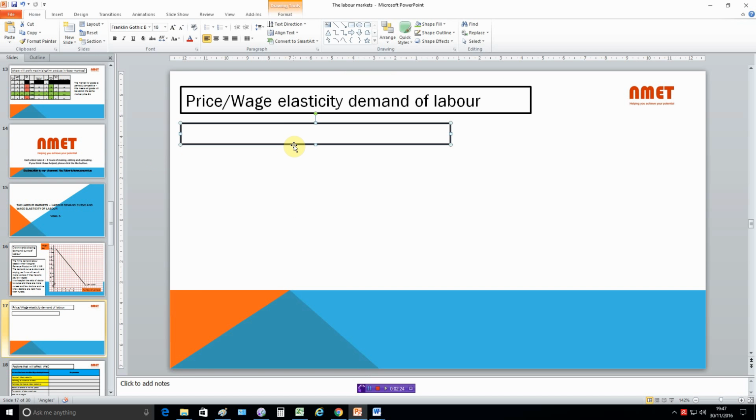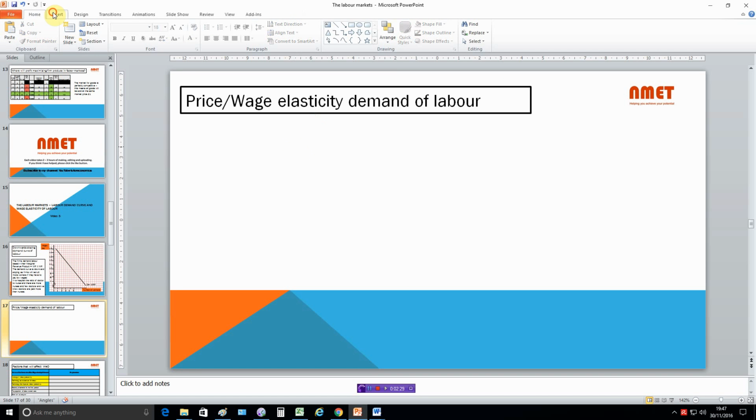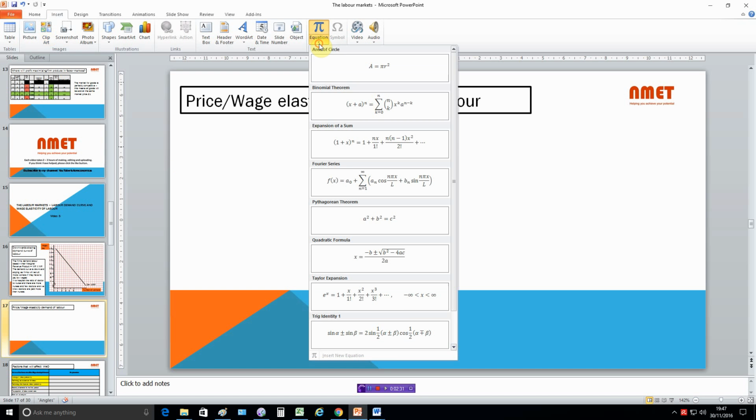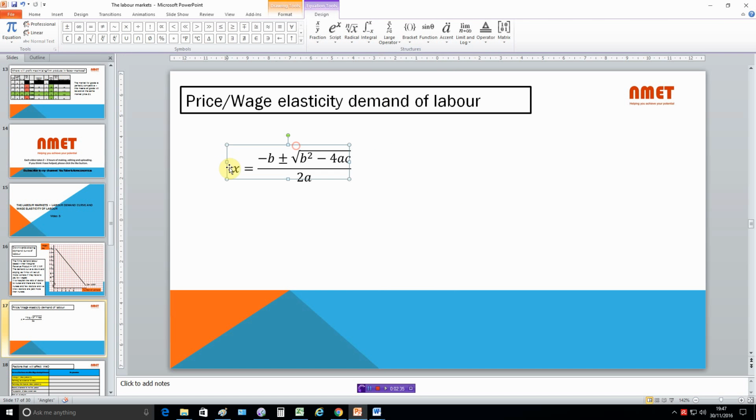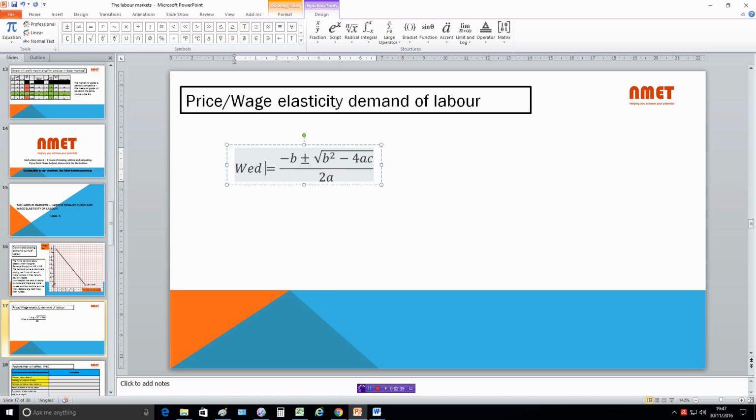To calculate the wage elasticity demand of labor, let me insert the equation. Some people also call it price elasticity demand. What is the price or the wages?